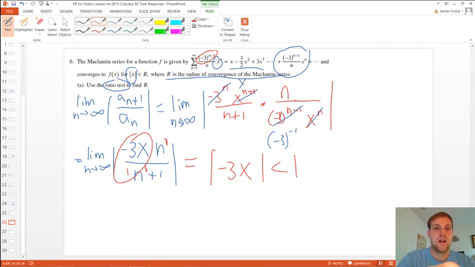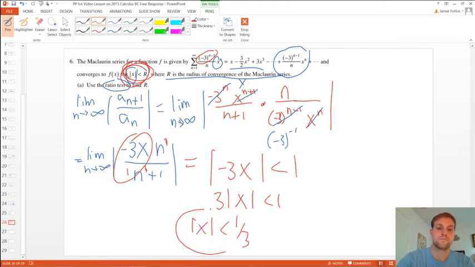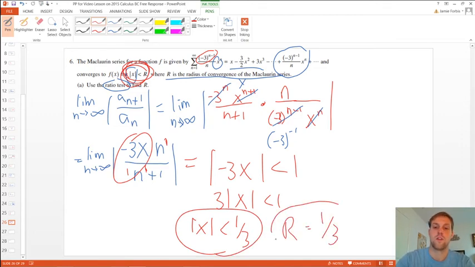Now, if I'm trying to set it up in this form here, the absolute value less than r, well, the absolute value of -3 becomes +3, so this is 3 absolute value of x less than 1, and now we just divide by 3, so absolute value of x is less than 1/3. Okay, so my radius of convergence is 1/3.